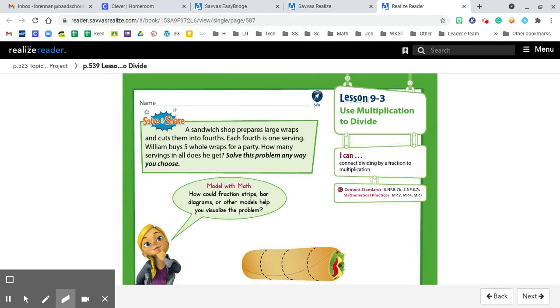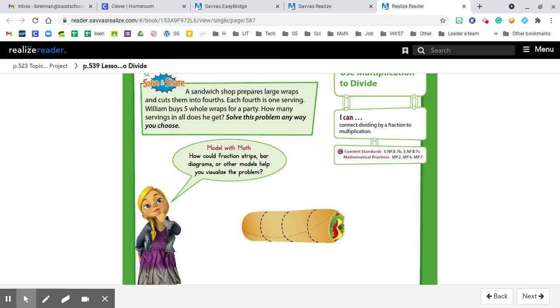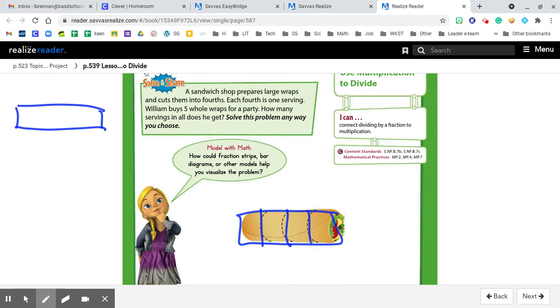A sandwich shop prepares large wraps and cuts them into fourths. Each fourth is 1 serving. William buys 5 wraps. How many servings does he get altogether? You can draw a diagram where one whole sandwich is equal to 4 pieces.